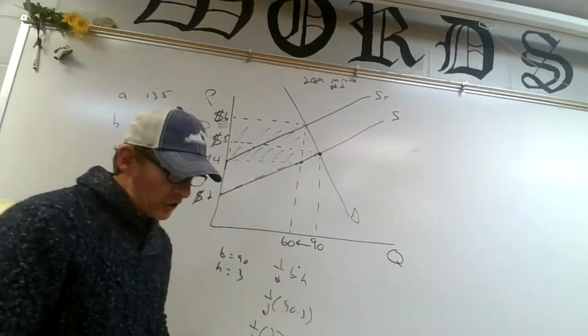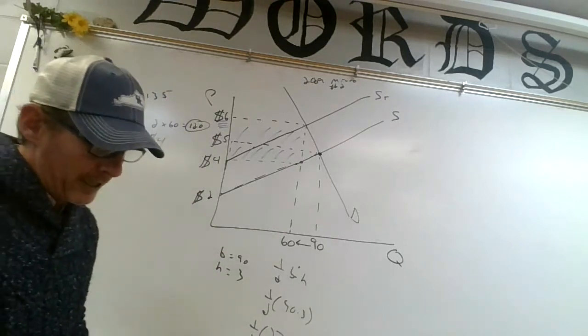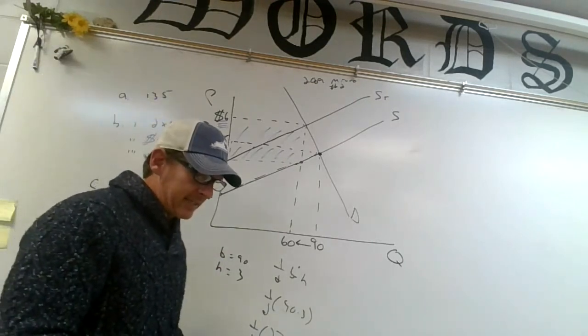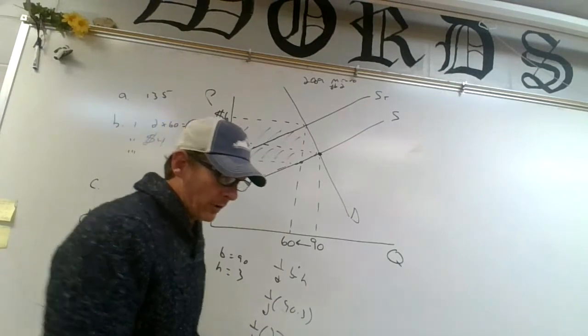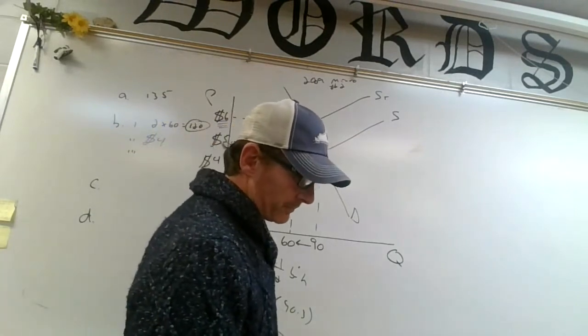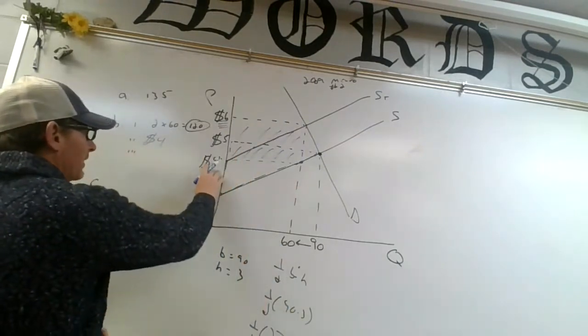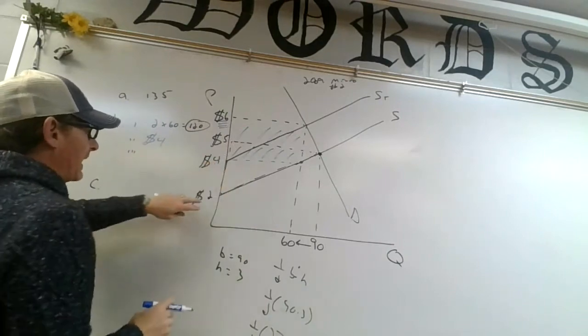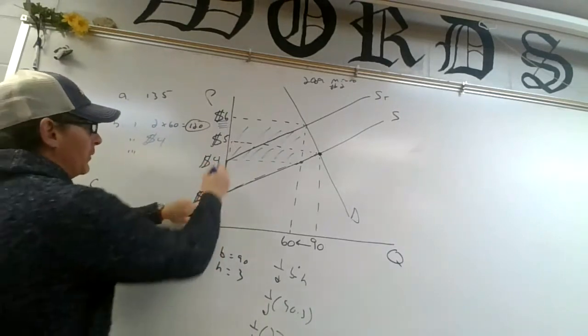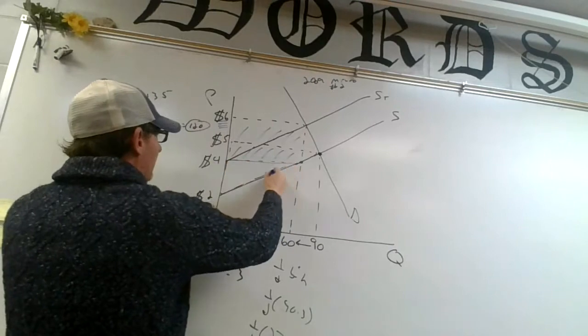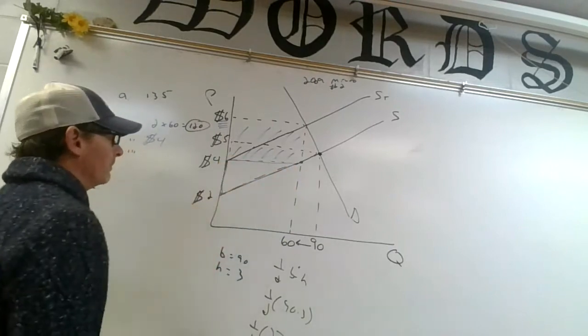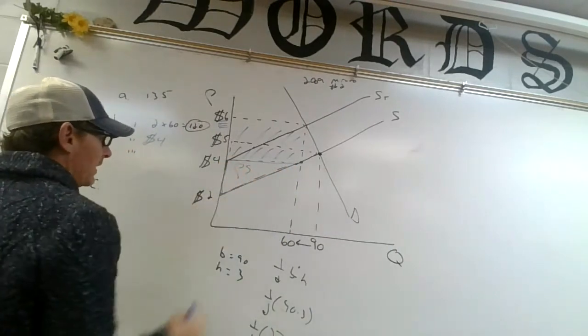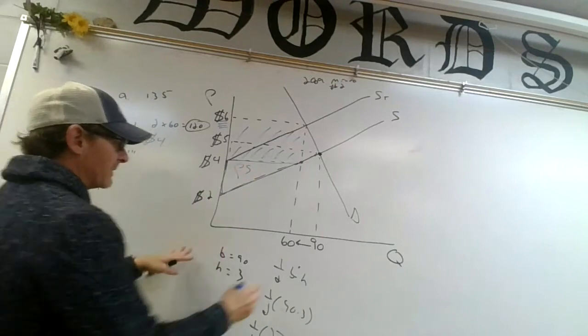Calculate the producer surplus after the tax. After the tax, the producer's only getting $4, and they would only sell at a minimum of 2. So this is the producer surplus, and again it's 1/2 base times height.